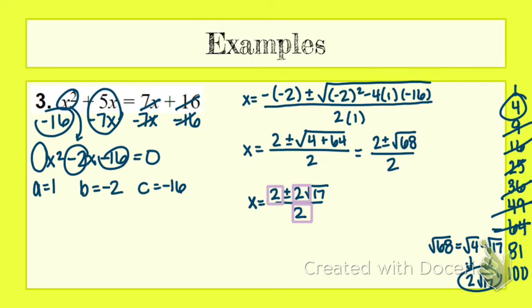So this is going to equal 2 divided by 2 is 1. So 1 plus or minus 1 square root of 17 divided by 1, because we divided all these purple numbers by 2. Now we know that this one and this one are not necessary to write. So we're going to write our final answer as 1 plus or minus the square root of 17.